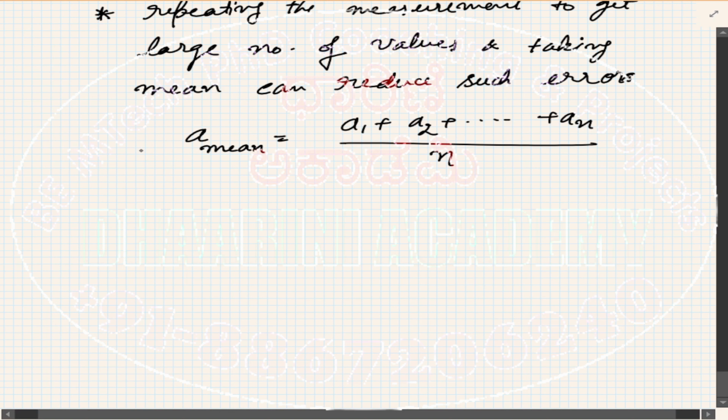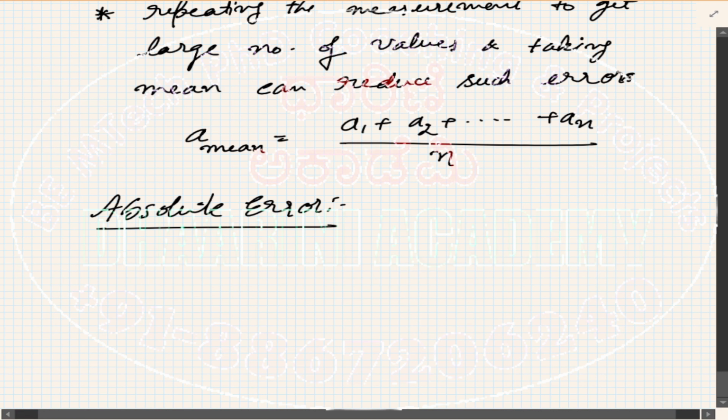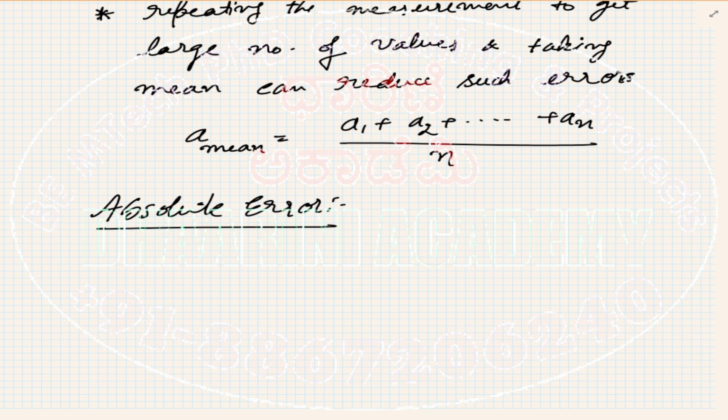Okay. The next type of error is absolute error. There could be an error associated with the actual value of the quantity and the measured value of the quantity.